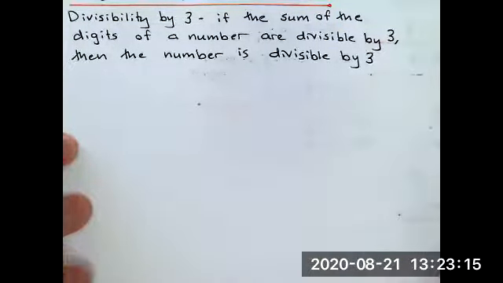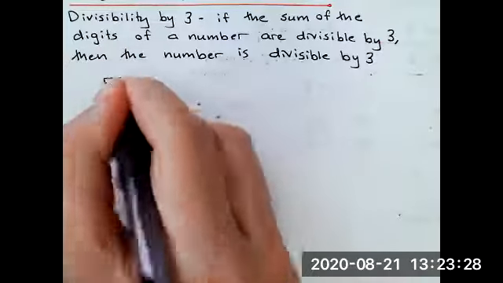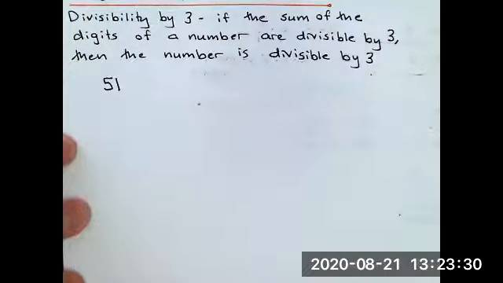Divisibility by 3: if the sum of the digits of a number is divisible by 3, then the number is divisible by 3. What does that mean? So we look at 51, and initially you might think it's prime.